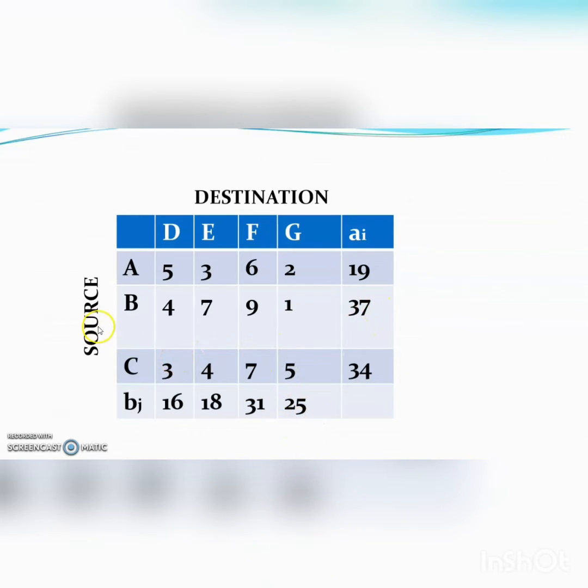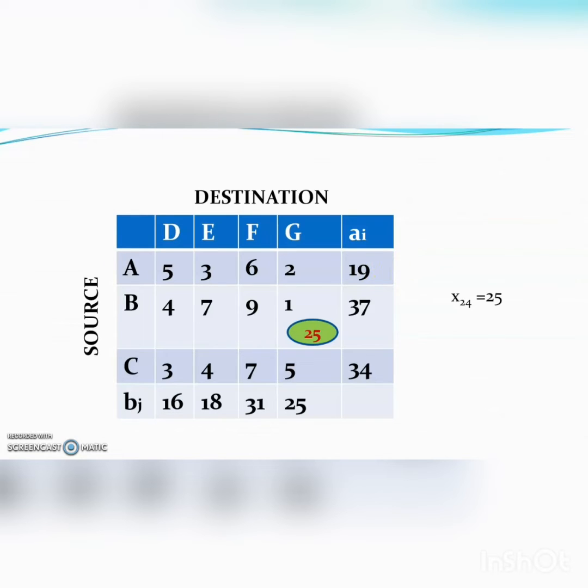Here we see that the availability at the origin B is 37 units and the requirement of the destination G is 25 units. So we can allocate 25 units in this cell, and therefore the value of the decision variable x24 is 25.